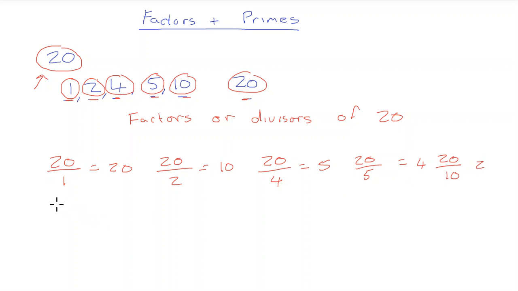And 20 divided by 20 is equal to 1. So that's what we mean by factors. They're numbers that will divide in evenly into 20, so these can be considered factors of 20 or divisors of 20.